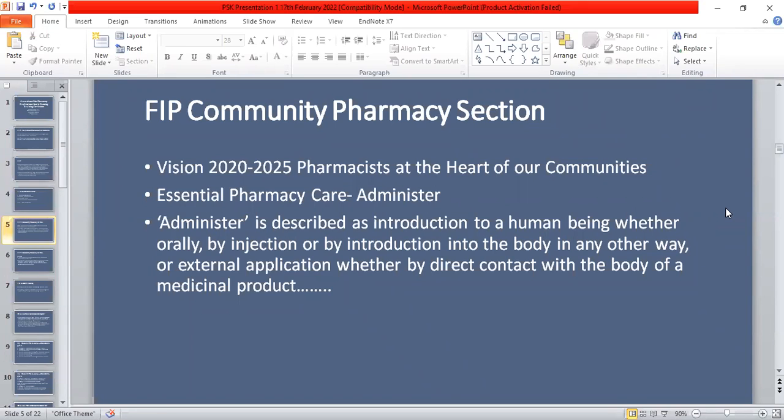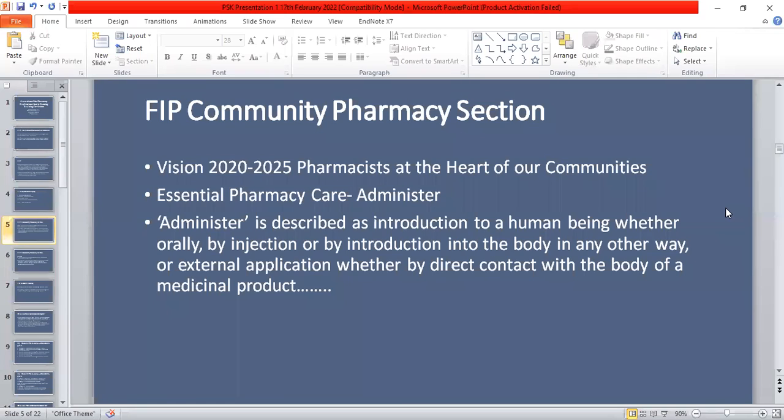And administer is described as introduction to a human being, whether orally, by injection, or by introduction into the body, in any way or external application, whether by direct contact with the body of a medicinal product. So this is just an excerpt from what is there from FIP.